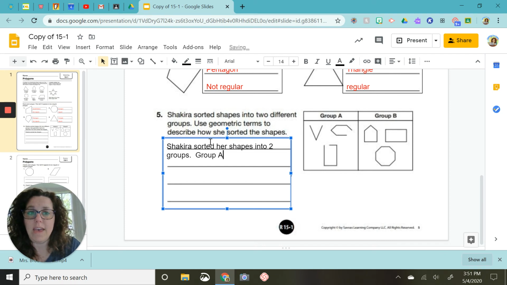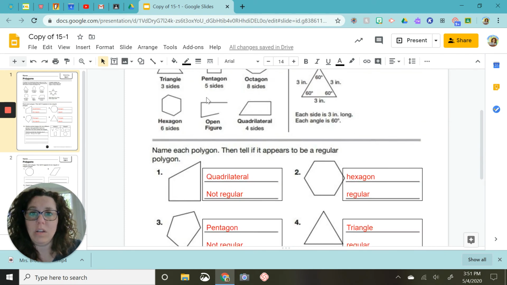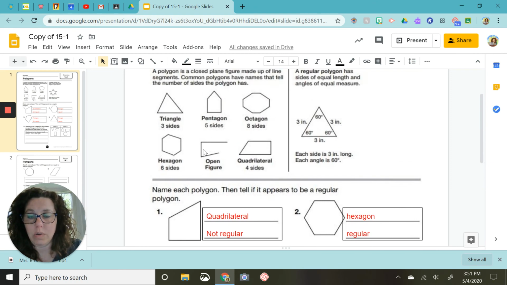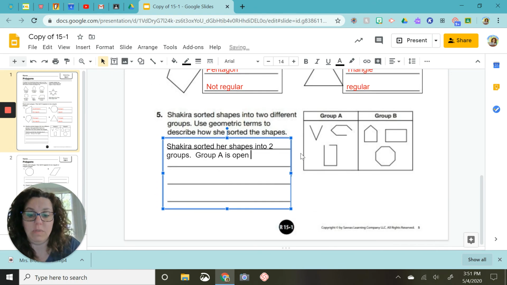Group A, these are going to be open, and if you forget what it's called, it's right here, an open figure. We won't call it a polygon, it's a figure. Group A are open figures. I want to make sure my sentence is correct. Then I'm going to say group B, those look like regular polygons.